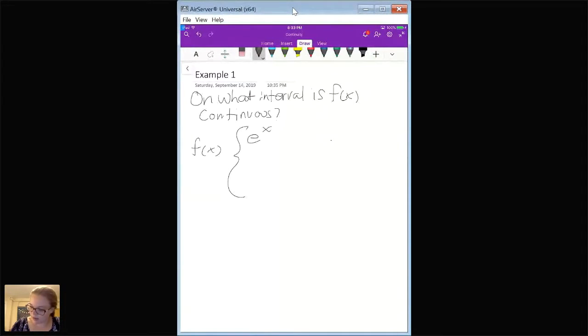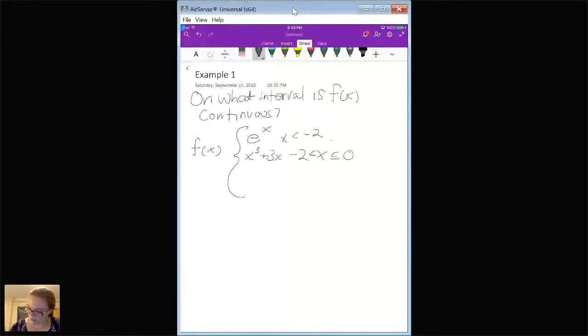We've got e to the x when x is less than -2. We have x cubed plus 3x when -2 is less than x, which is less than or equal to 0.